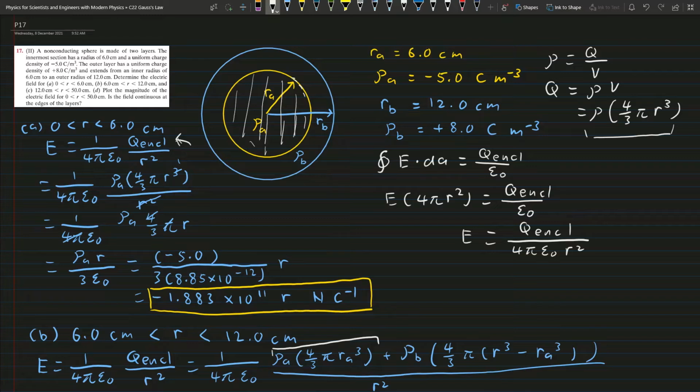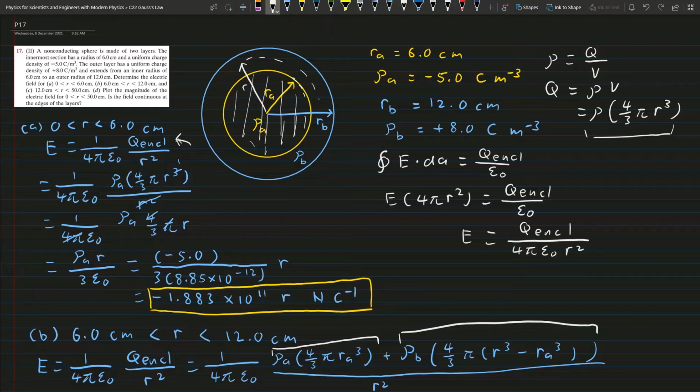Now we already consider the innermost section. We are going to consider this part here. Remember this r is between 6.0 cm until this 12.0 cm. That means if we draw this is the r here, right?